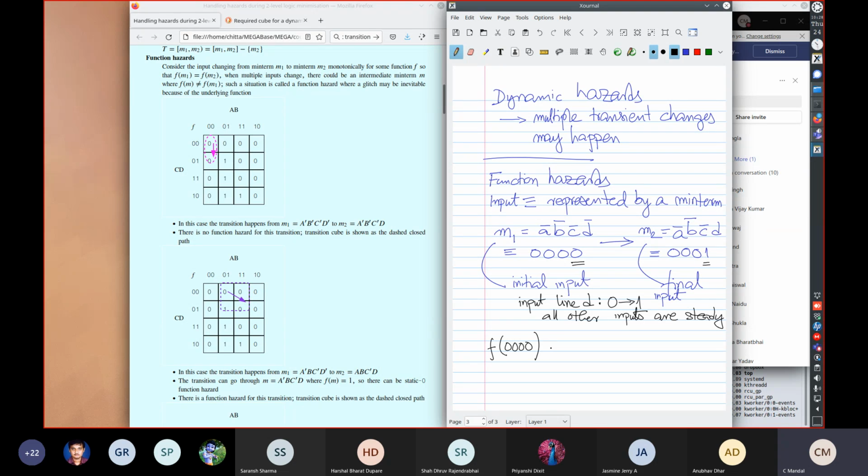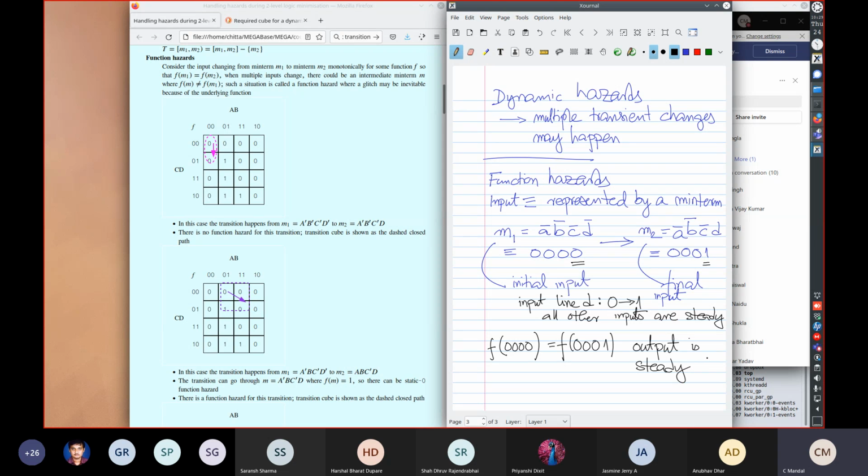In this case, the output is steady. Okay, so here you have the output steady.